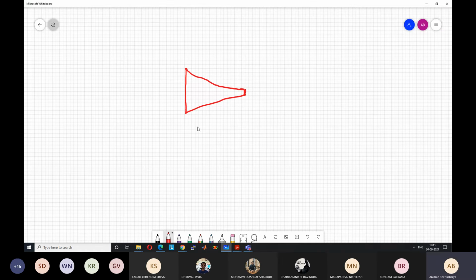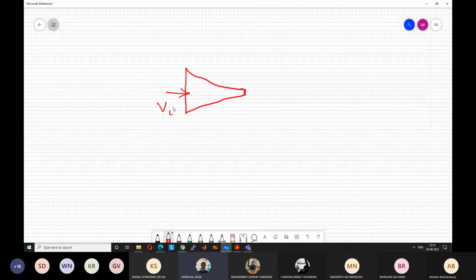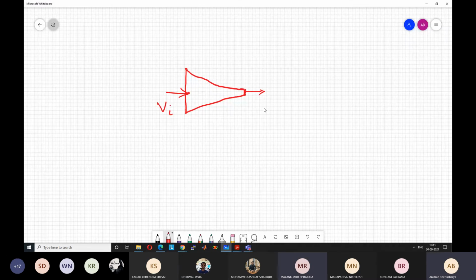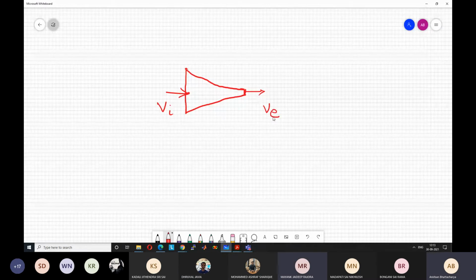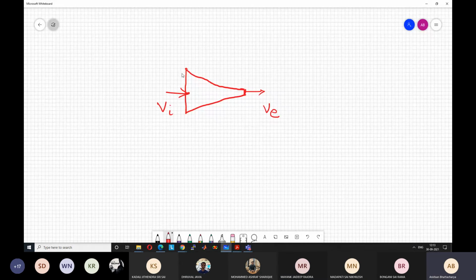You can see the whiteboard, right? Yes, sir. So the inlet velocity is Vi and the exit velocity is Ve. Okay, and pressure at the inlet.